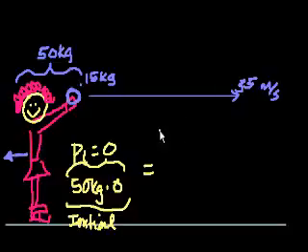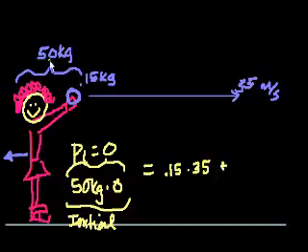So what's the momentum later? Well, we have a ball moving at 35 meters per second, and the ball has a mass of 0.15 kilograms. I'll ignore the units for now, just to save space. So it's 0.15 times the velocity of the ball, 35 meters per second. This is the momentum of the ball, plus the new momentum of the figure skater.